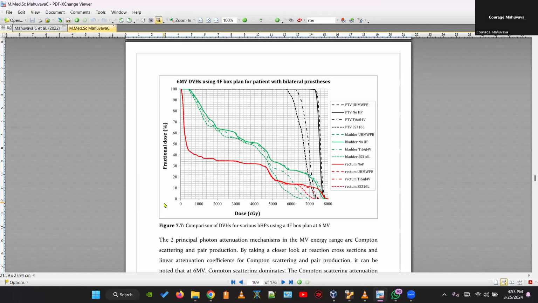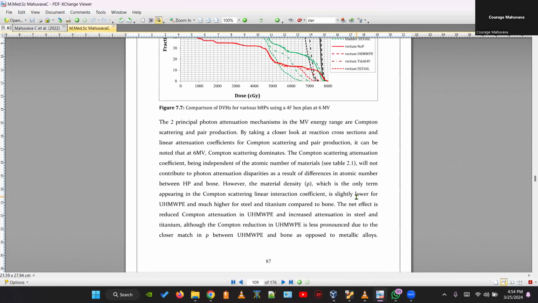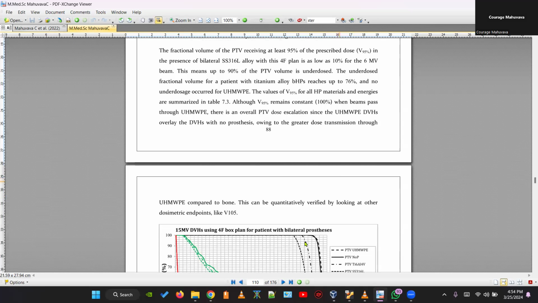So this is a DVH, the PTV, and all the organs at risk. In this case, the PTV would be the prostate, right? Plus, of course, some margins. And then the bladder and the rectum would be your organs at risk, right? So you can do all that.